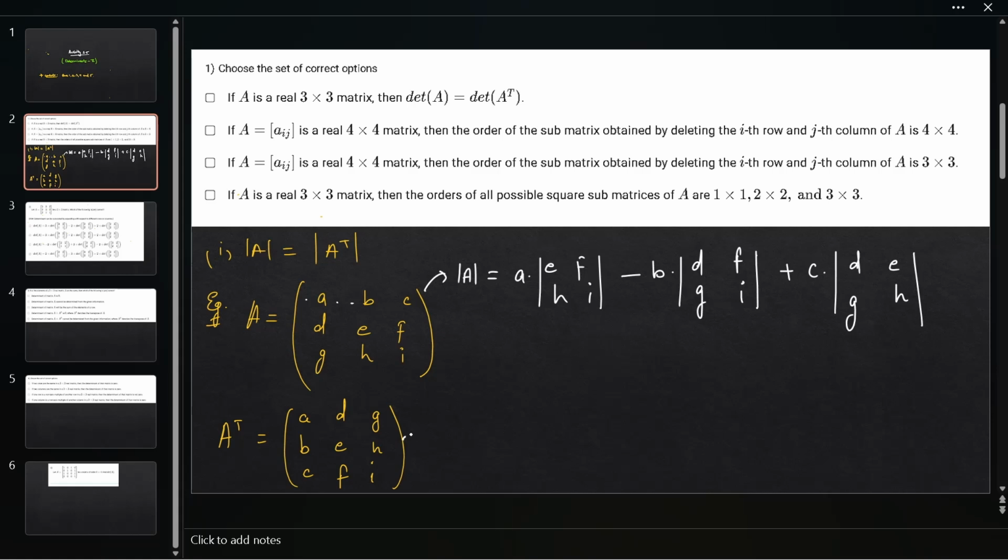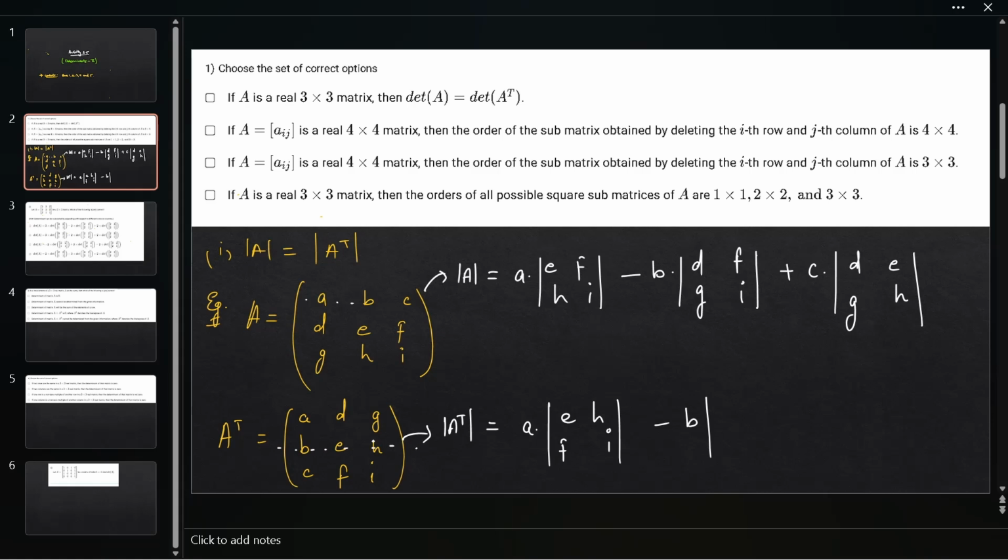Now I can do the same for A transpose as well. Here I'm not expanding along row 1, I'm deliberately expanding along column 1. So let's do that. A times EHFI, now minus B times this determinant.